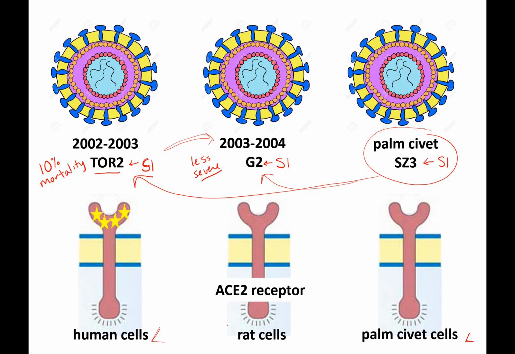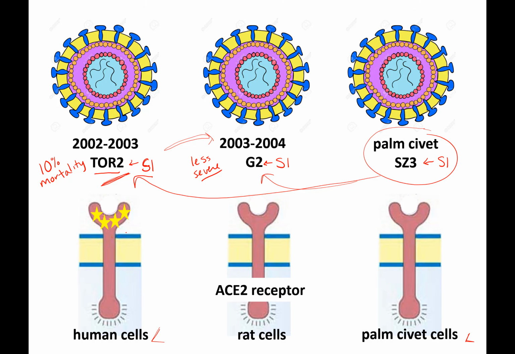And they noted 2 to 4 changes or differences between the human ACE2 and the palm civet ACE2 allowed this SARS coronavirus to infect humans.